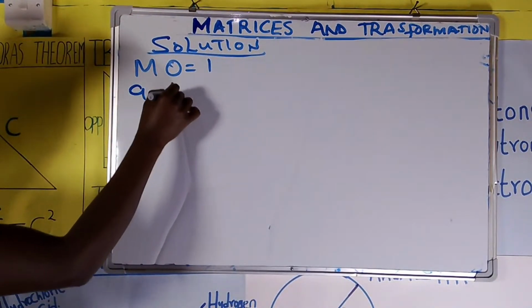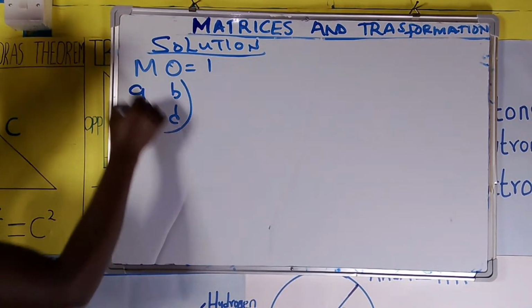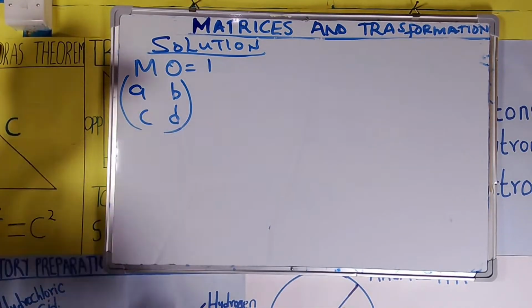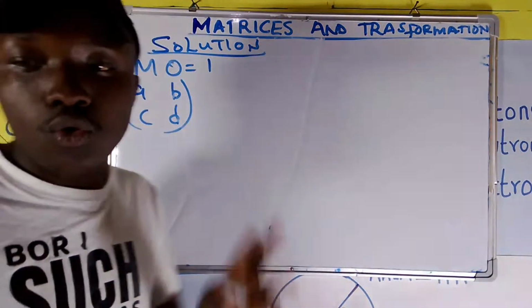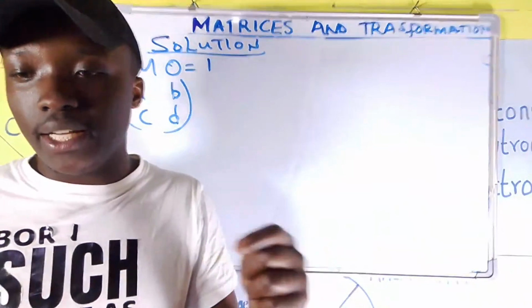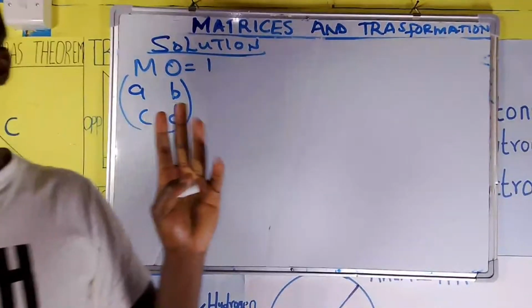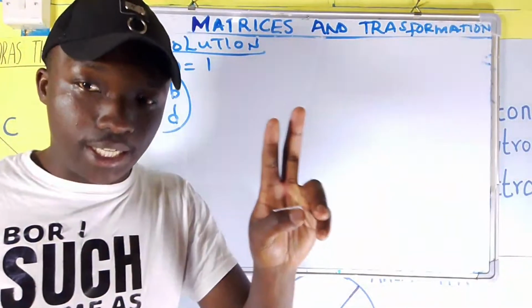Tumepatiwa, ndo tunafaa tutafute in form of A, B, C, D. Then two objects are enough to find our matrix. We can just use two coordinates.